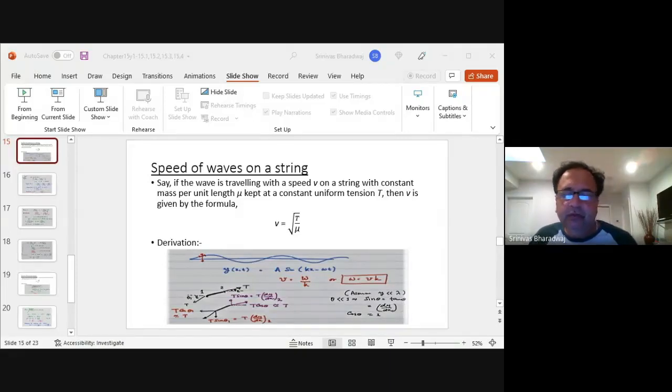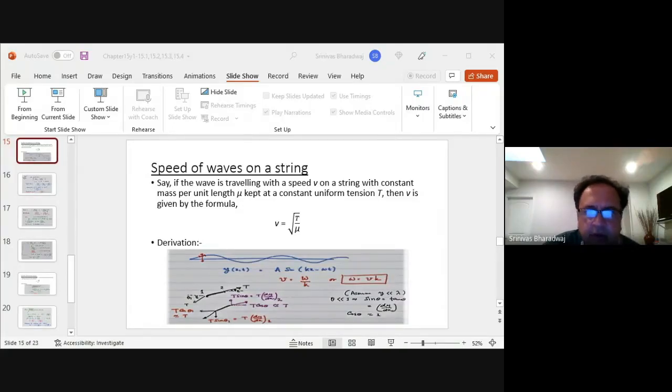So v equals f lambda, and you have to remember how all of them are related: k equals 2 pi by lambda and omega equals 2 pi f, and therefore you end up with omega by k. And there is a simple way to show that the square root of T over mu, where mu is the mass per unit length, leads to v.